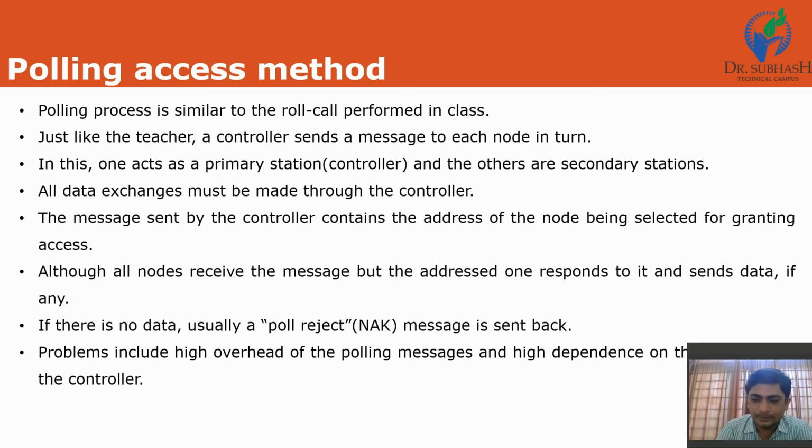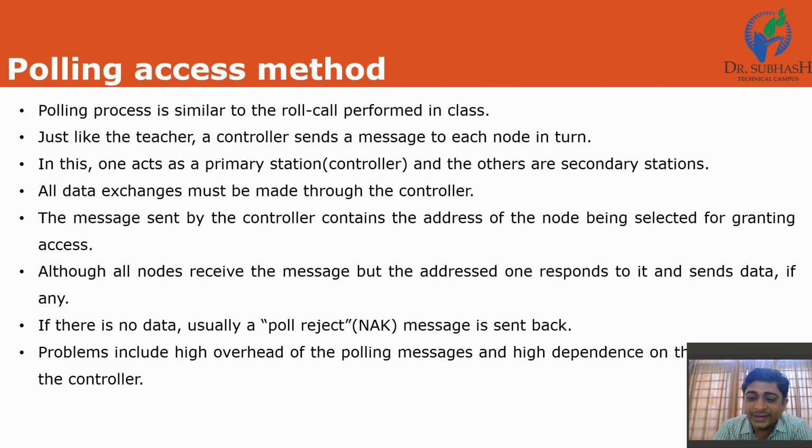When your faculty member comes into the class, what is the first task? That may be taking the attendance of students. The professor asks roll number 1 and the student responds yes sir. Roll number 2, the student responds yes sir.